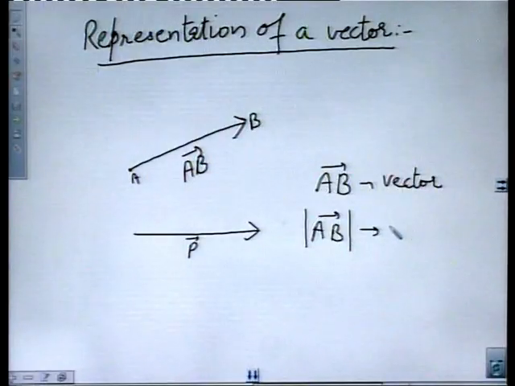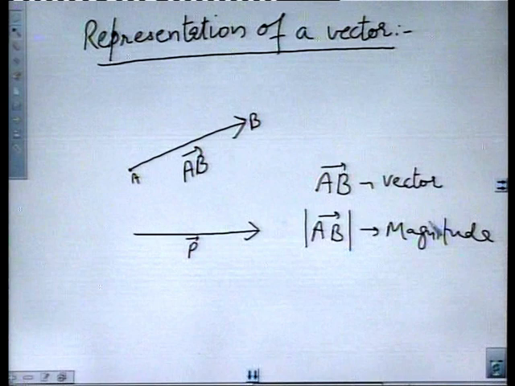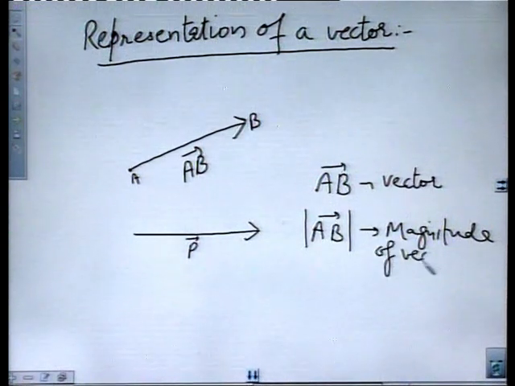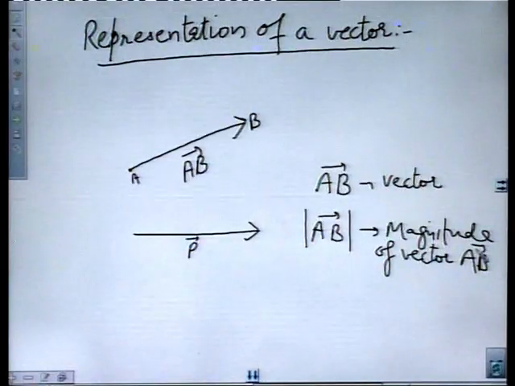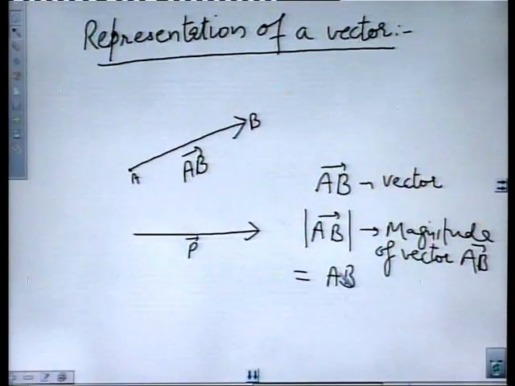It represents the magnitude of vector AB. This can also be written as simply AB. So AB is the magnitude of any vector and AB with arrowhead is a vector quantity. This we have to remember.